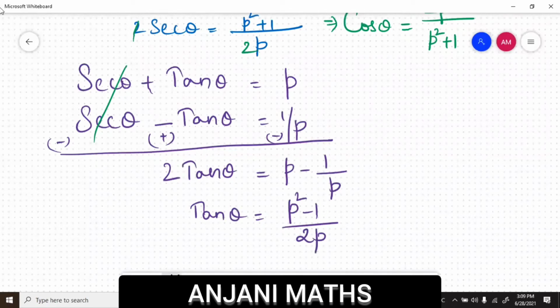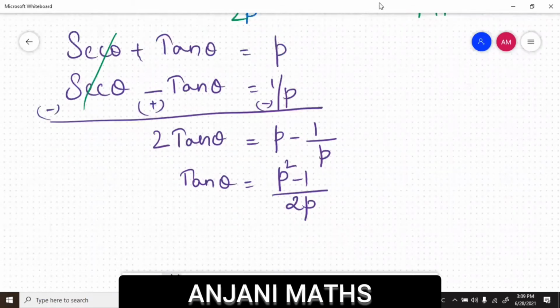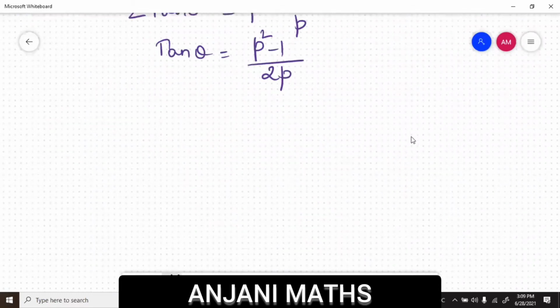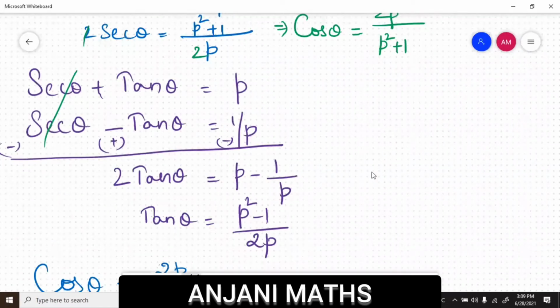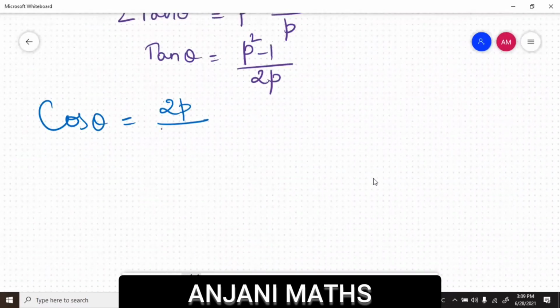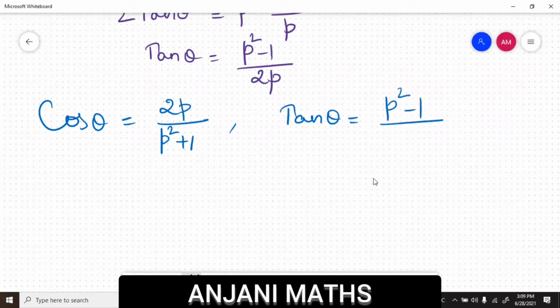So let us collect what we got. Cos theta is equal to 2P by P square plus 1. What is tan theta? P square minus 1 by 2P.